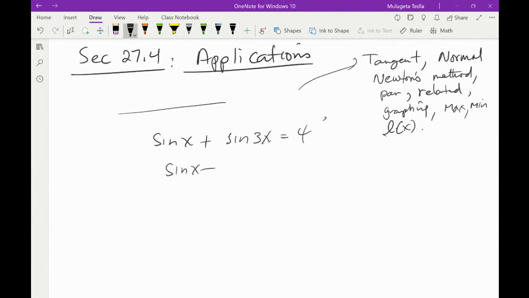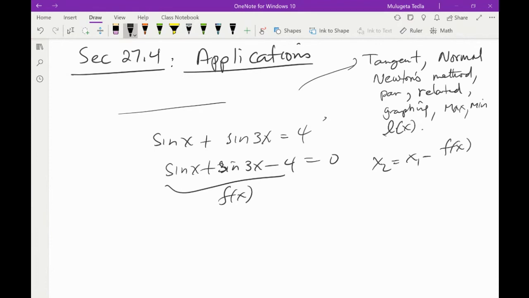Well, you get sine x plus sine 3x minus 4 equal to 0. This is your function f of x. Now you know how to find the trigonometric derivatives, so you can do Newton's method. Start from this point and then use x2 equals x1 minus f(x1) over f prime of x1. That's the formula for Newton's method.